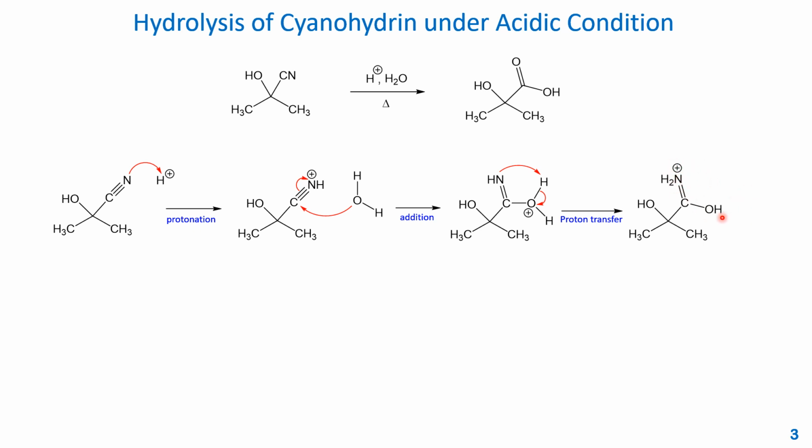If you actually draw the resonance, this is more like the amide, but I will not draw that. So I just keep doing another nucleophilic addition of water. This oxygen's lone pair will attack this carbon.